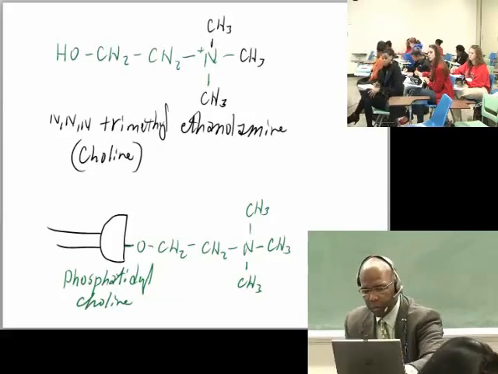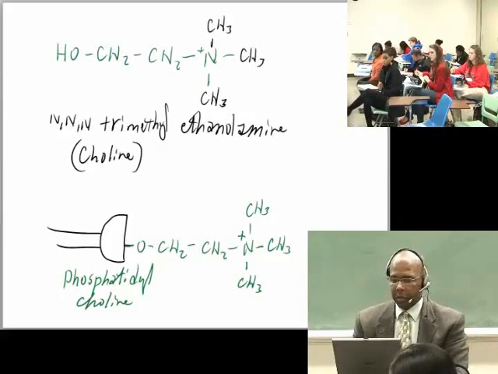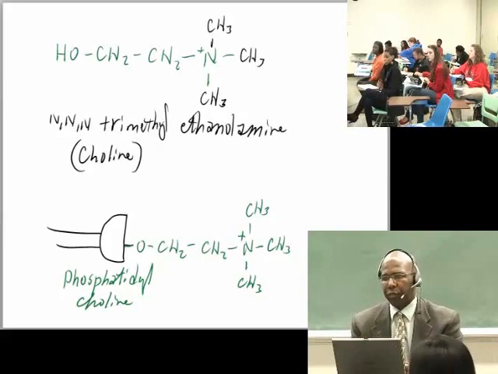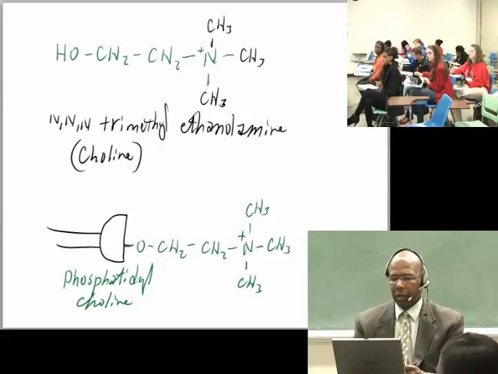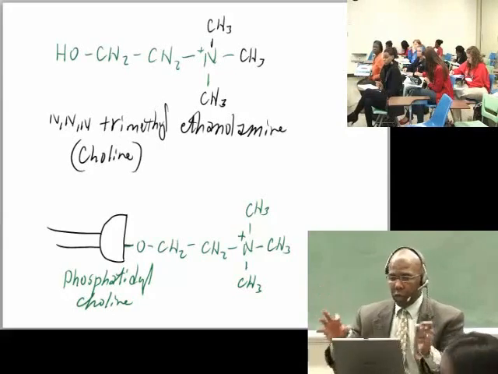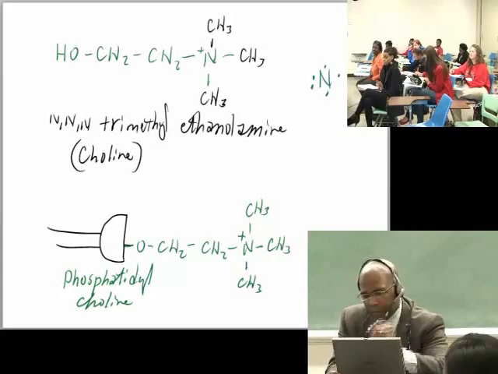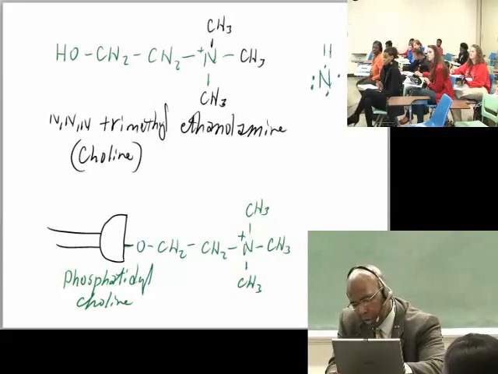Phosphatidylcholine. Well, no, it's not protonated, because you replace all of the protons with methyl groups. Because remember, nitrogen has 5. And so you can put a bond if you put something here.